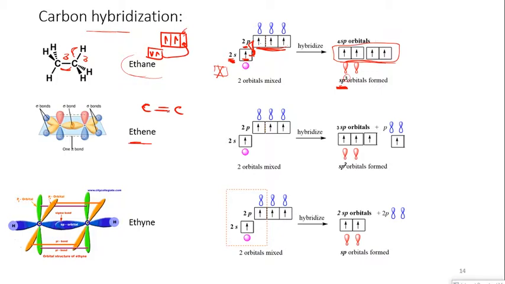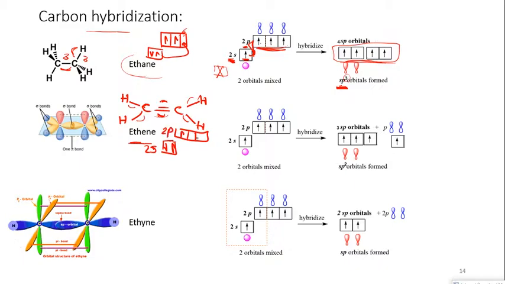How did I know that? If I look here at the C double bond C, in the first case I will have the distribution of the four electrons. Two of them will be in the 2s and the other 2 will be in the 2p.